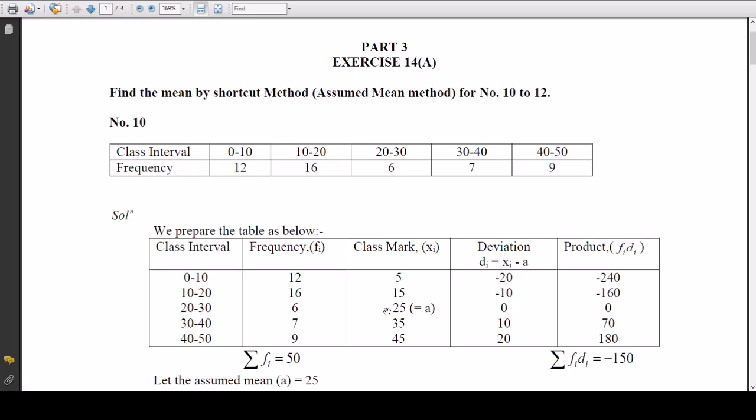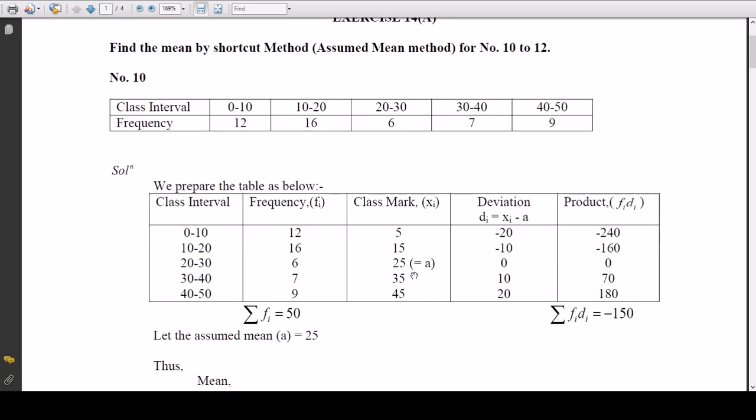Now out of this class mark, we have to take any one to be the assumed mean. You take one value from in between the class marks and assume it as a.